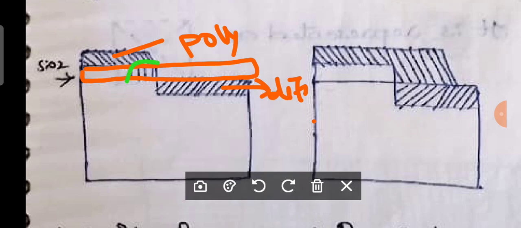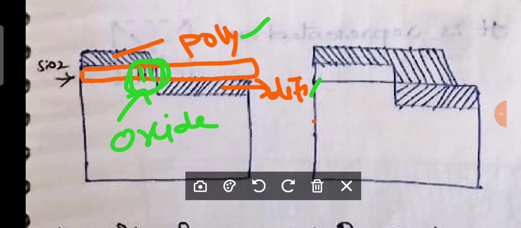This area we are removing the oxide and we are making a contact between poly and diffusion with the help of what? Metal. Don't forget, with the help of metal, by removing what? Oxide. Is it clear? By removing oxide. That's why the first approach name is oxide removal approach.